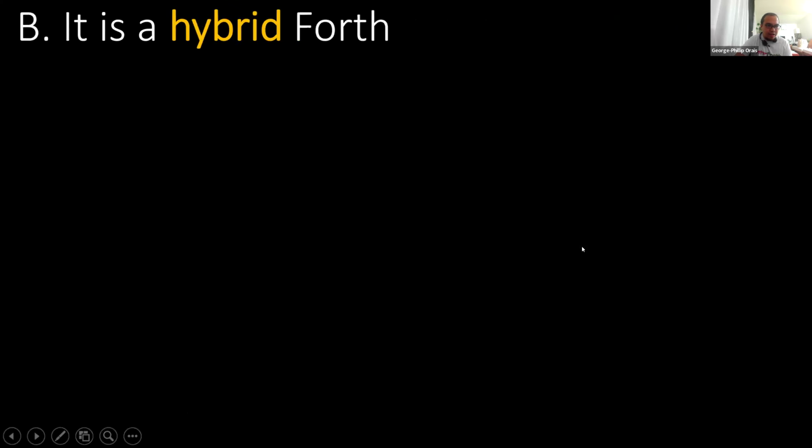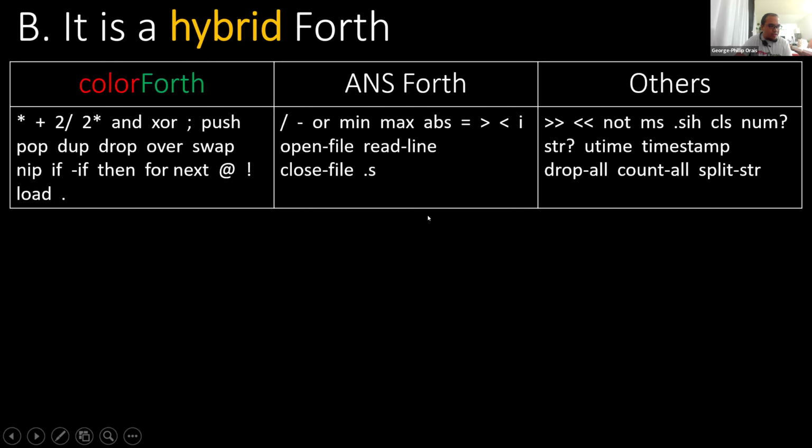I would say also it's a hybrid Forth because some words come from colorForth, others are from standard Forth, and others are just words that I implemented based on non-Forth words like microtime or timestamp, or I have this checking for string or checking for num.